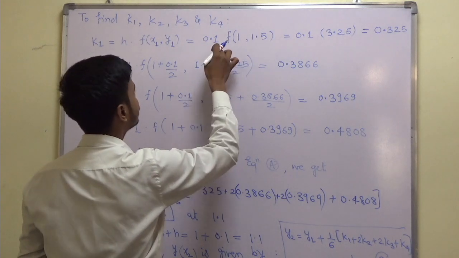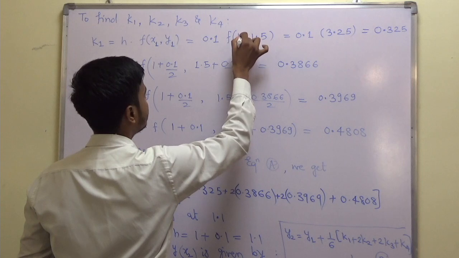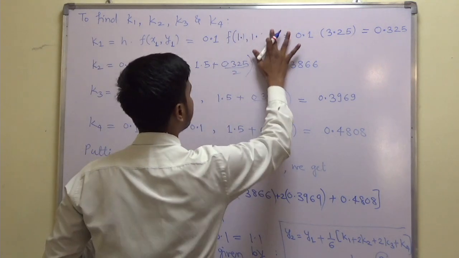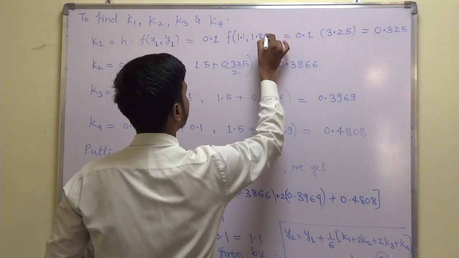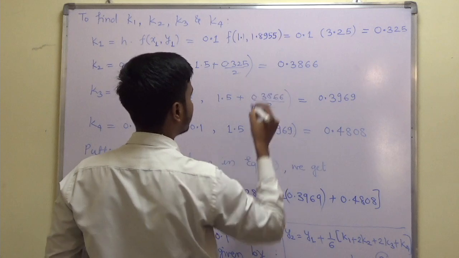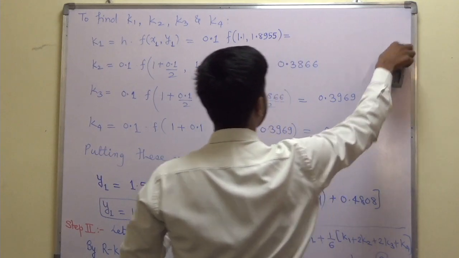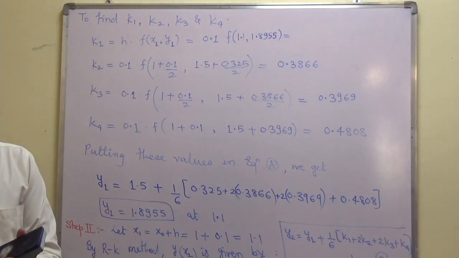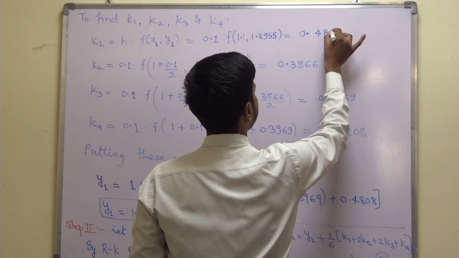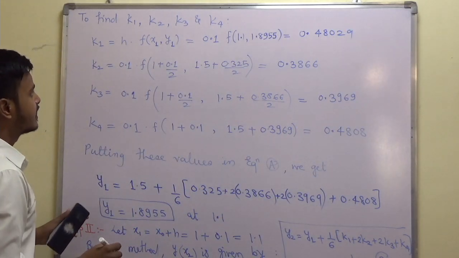This is 0.1 into f of x1, which is 1.1, and y1, which is 1.8955. Solving these, this comes out to be 0.48029.